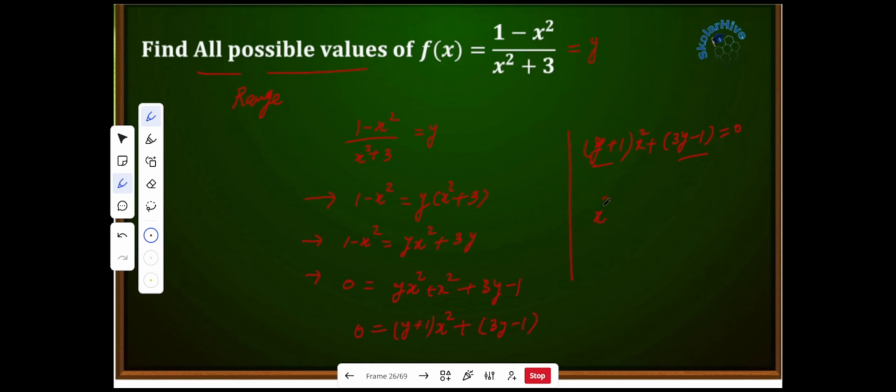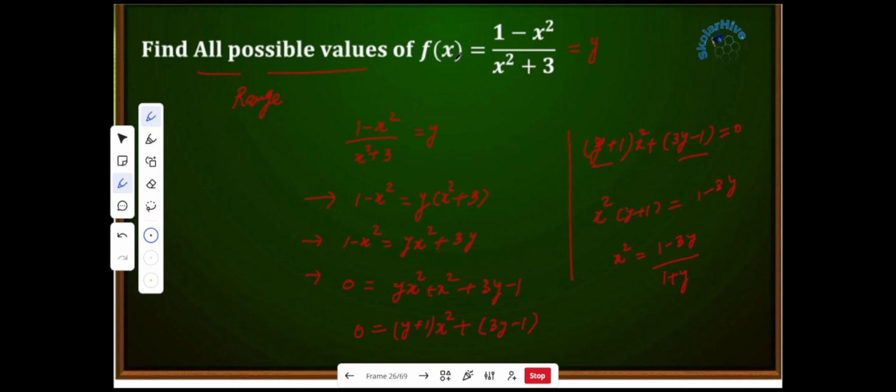By shifting the expression to the right side, we get 1 minus 3y, and the other term goes to the denominator. So x square is equal to (1 minus 3y) upon (1 plus y).